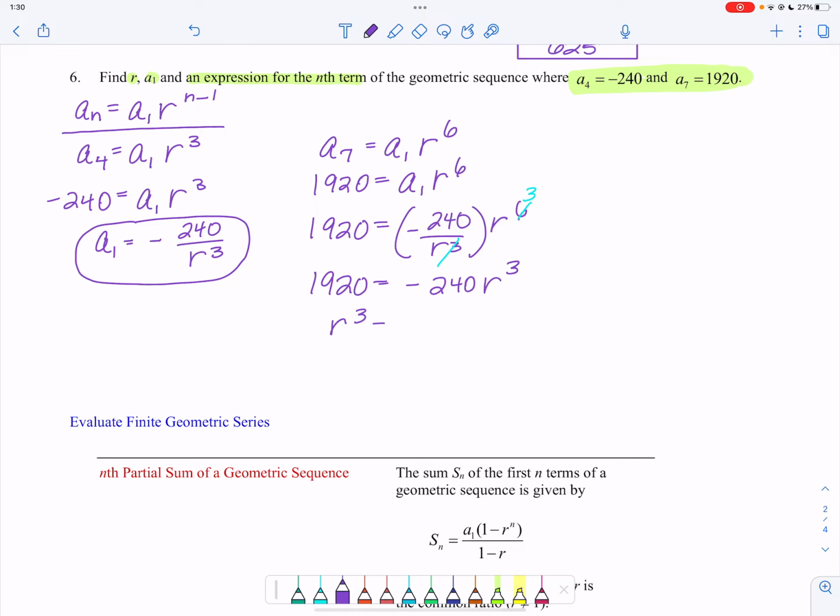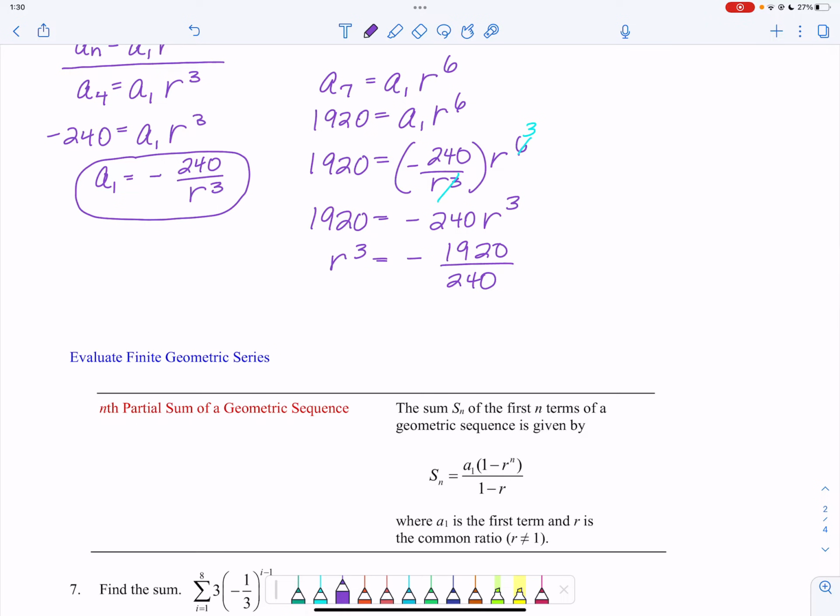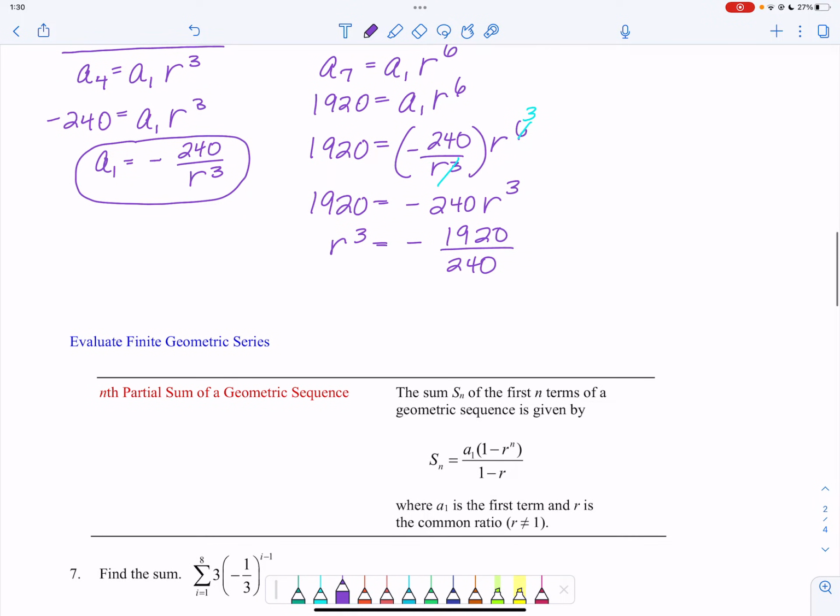So r cubed is 1920 divided by negative 240. If you divide that out, you'll get negative 8. So r is equal to negative 2.